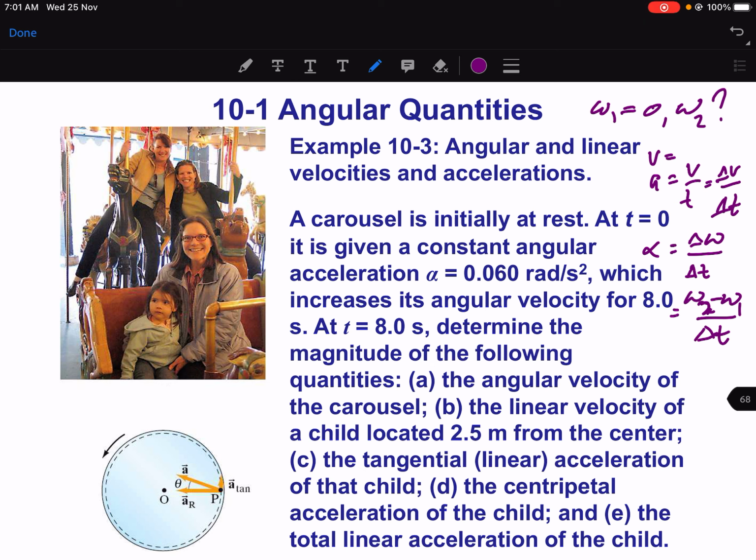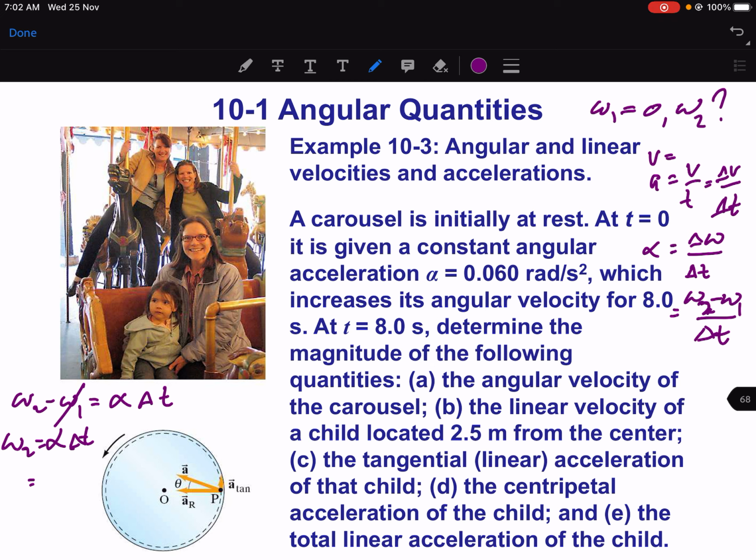Let me write here. So omega 2 minus omega 1 equal to alpha delta t. Omega 1 is 0, so omega 2 is equal to alpha delta t.